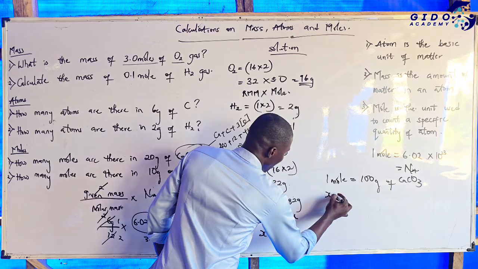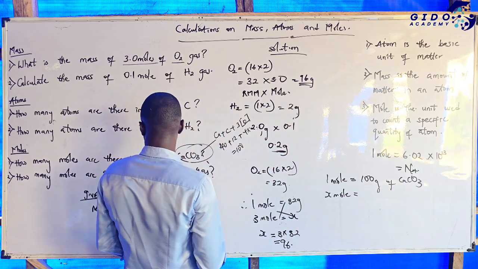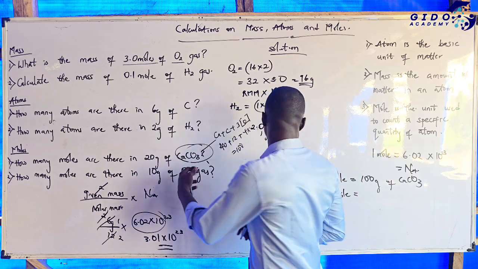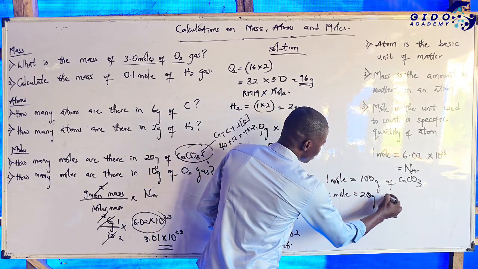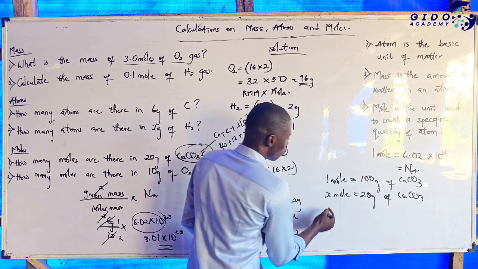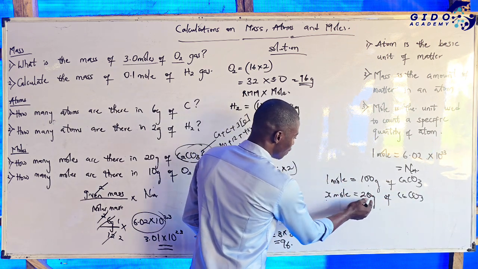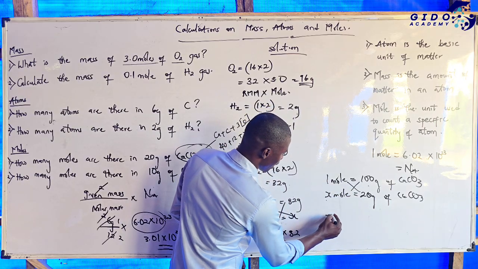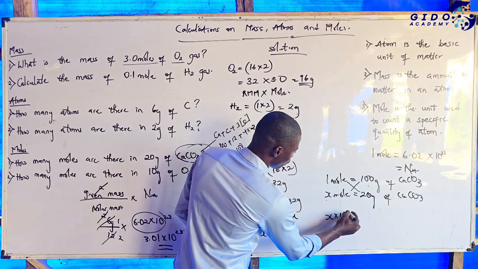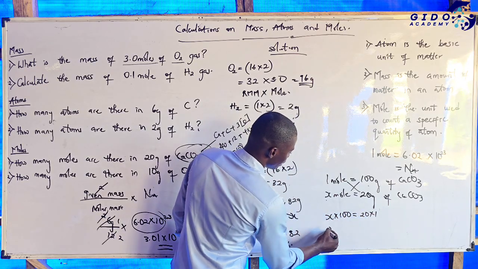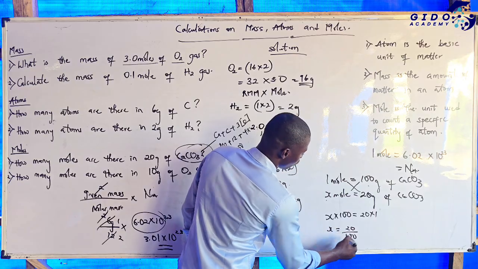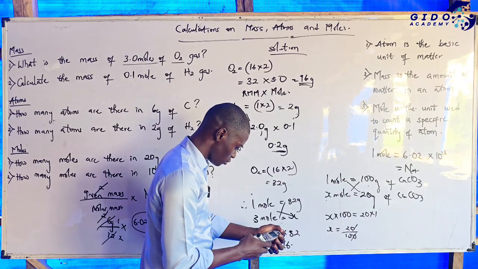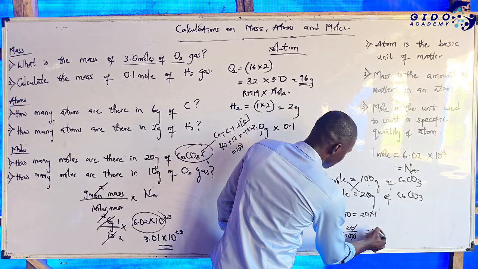Therefore, S moles is equal to 20 grams of CaCO3. Just cross multiply, then you say S times 100 is equal to 20 times 1. Then S is equal to 20 over 100. So we have 2 divided by 10, we have 0.2 moles.